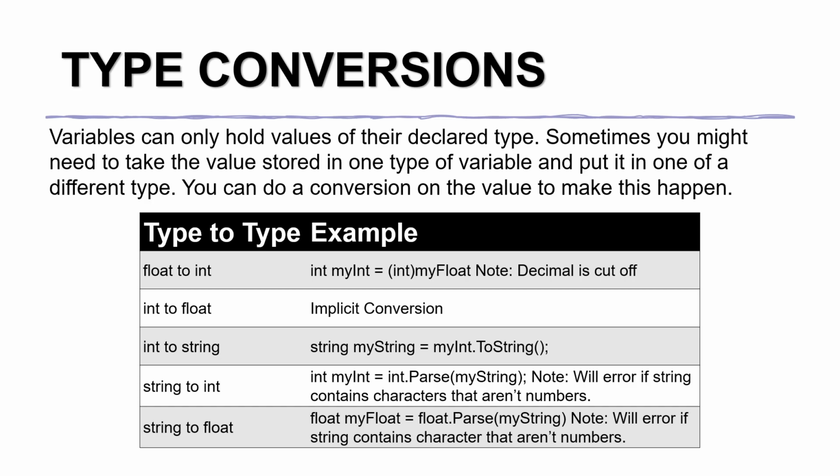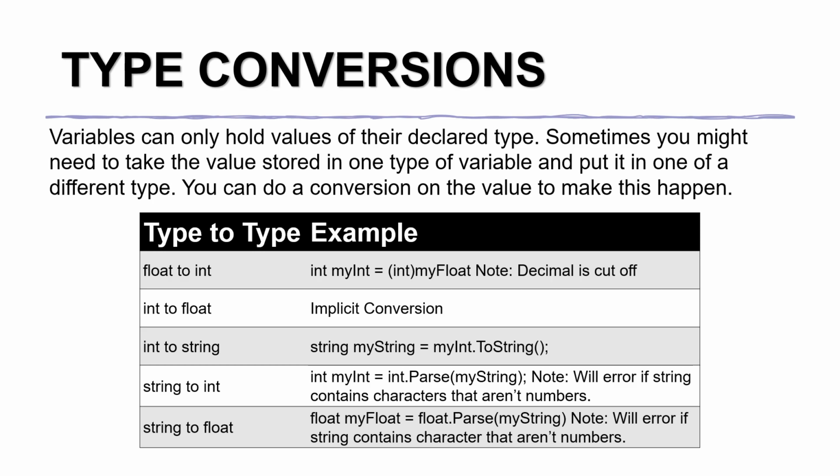So if you remember, I mentioned that variables in C# are strongly typed, which means that they can only store in them the same type of data. But there are going to be instances where you're going to need to store different data types in there.